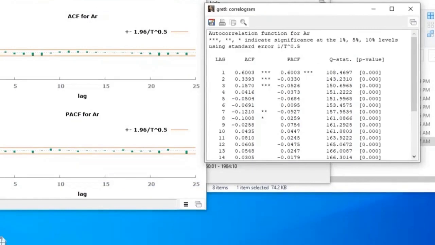Since the autocorrelation functions become 0 after the third lag, we have a structure of fast decaying ACF. And fast decaying ACF shows a stationary system. So we have a stationary system.